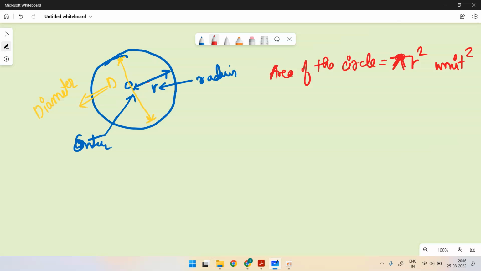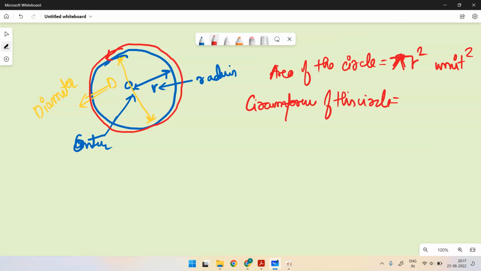Now the circumference, or you can say the perimeter of this circle, if you revolve along its boundary, equals 2 pi r units, where r is the radius. These are only the basics you know up till here. This is 1, this is 2.